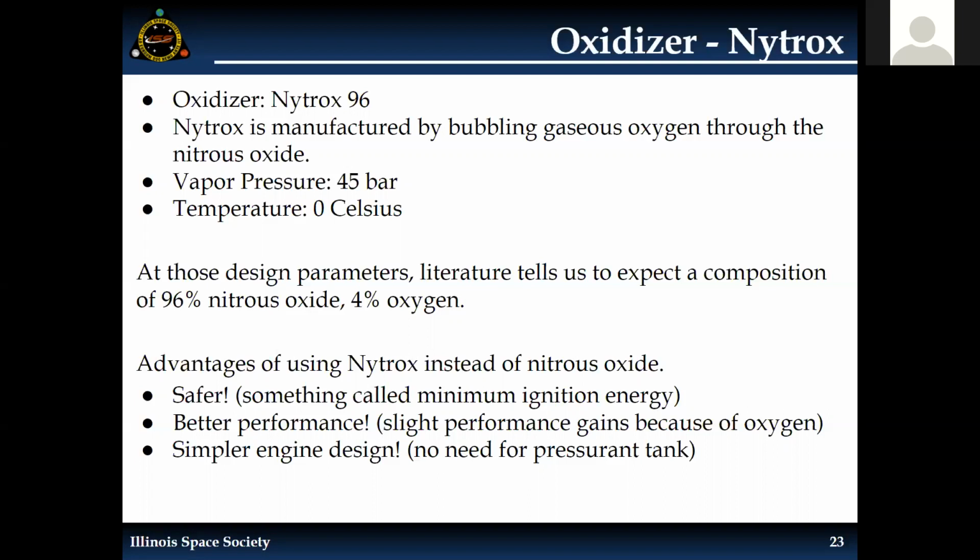Does that make sense? Also, that's a good point. I talked about minimum ignition energy, which I defined in terms of something reacting with itself, but essentially you do have minimum ignition energies between two different kinds of substances.